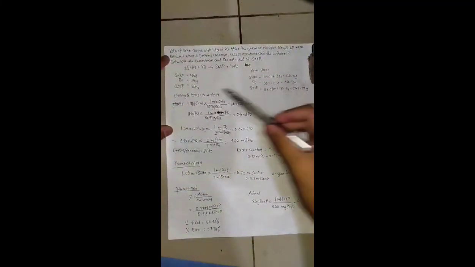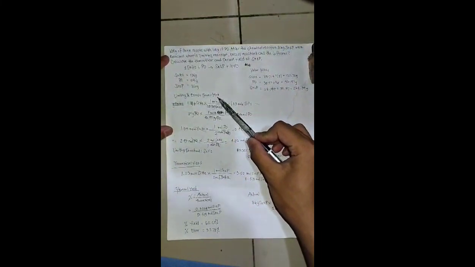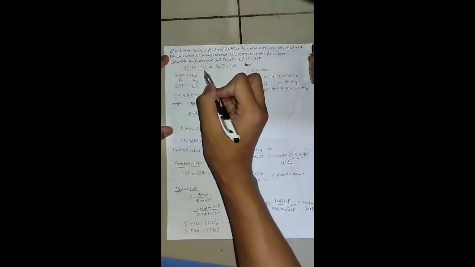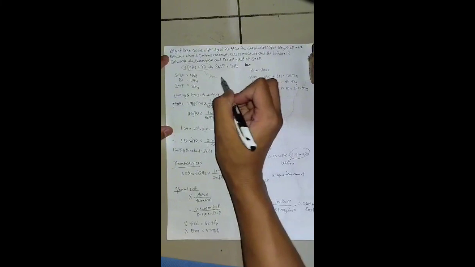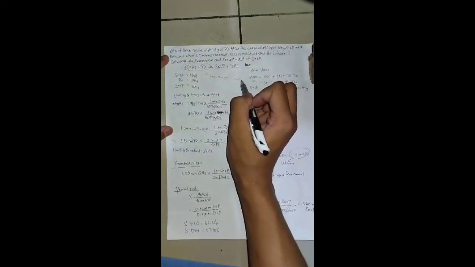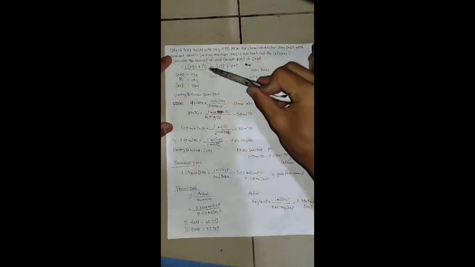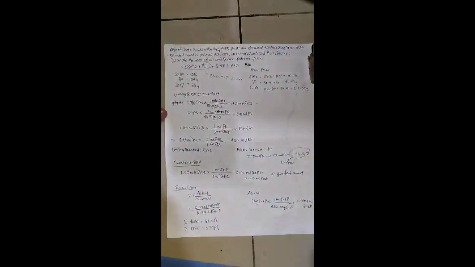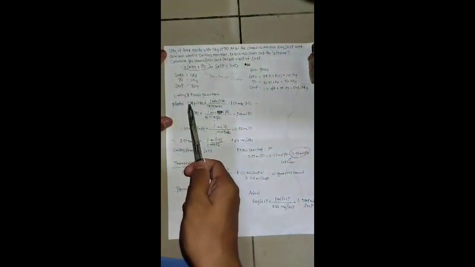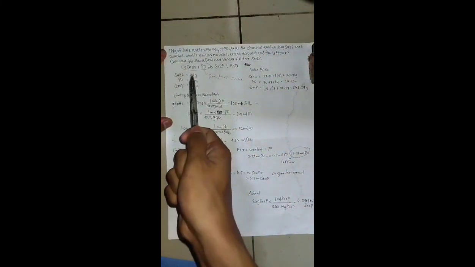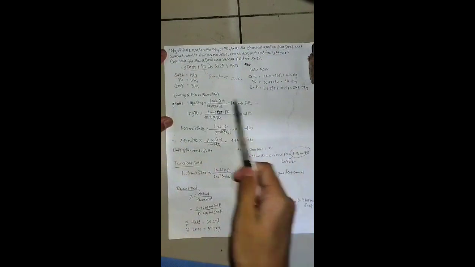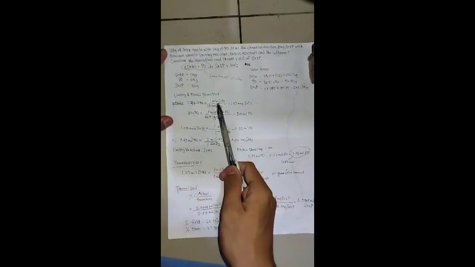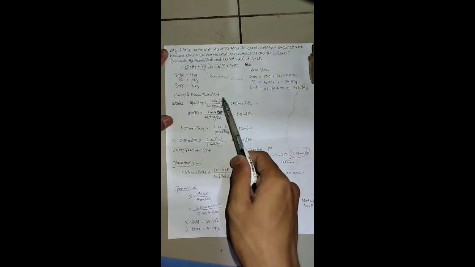Now we can start to find the limiting and excess reactant. Limiting and excess reactant focus on the reactant side. So the reactant side is this. We must focus on there. First, just copy, put 124 grams, we get that from this, times, and by the way, we must first convert grams to moles.